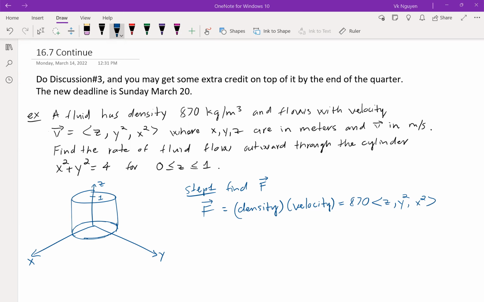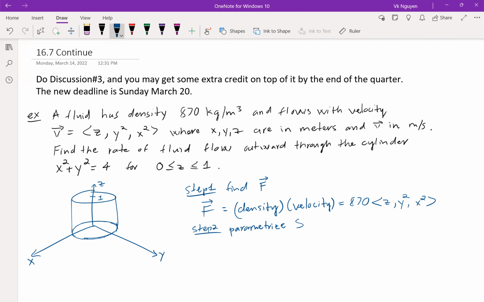Okay. Next step is, well, you got to parameterize S there. Now, if you look up here, what is the best way to parameterize S?